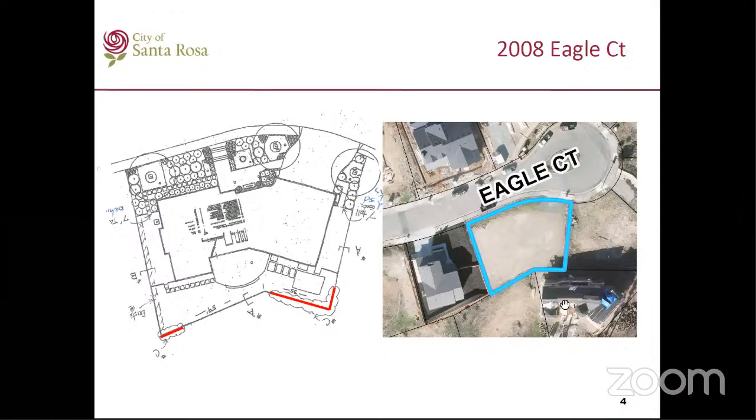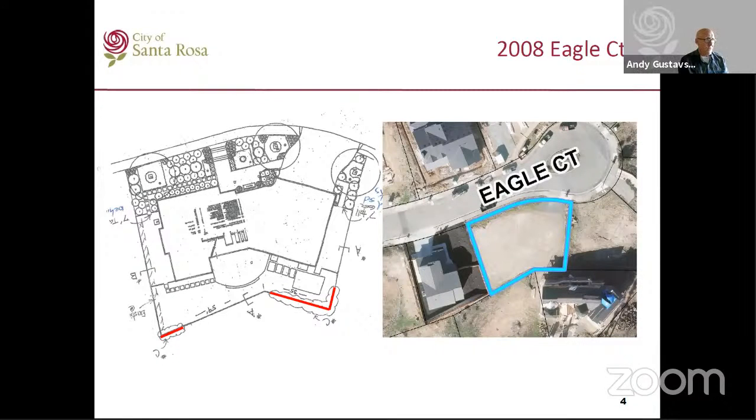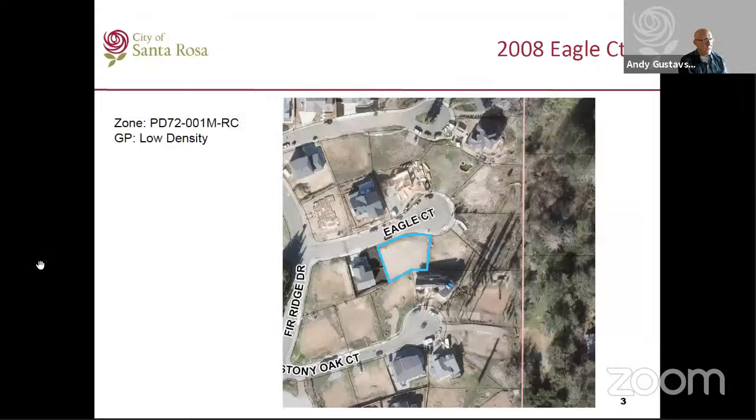I'm not sure because they are already constructed. I could not go behind and see them because this is the old aerial photo and they're already constructed. Okay, and the properties around 2008 Eagle Court have been notified and you received no comments.